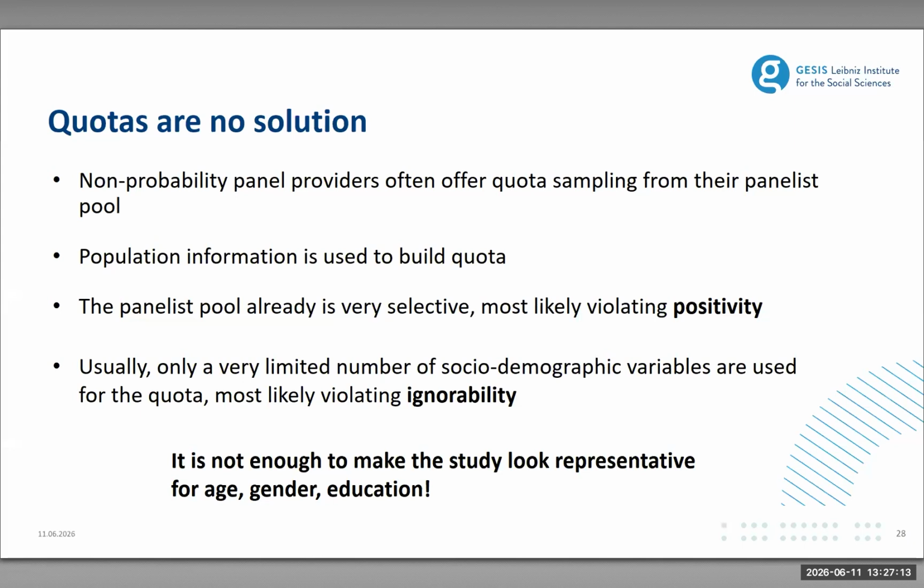The survey is highly selective to begin with because of this recruitment process. So just having the right proportion of people from this highly selective source doesn't make the survey representative. And so positivity is usually violated here because we don't have all the subgroups in this pool, and of course ignorability as well. So quotas do not solve the problem.